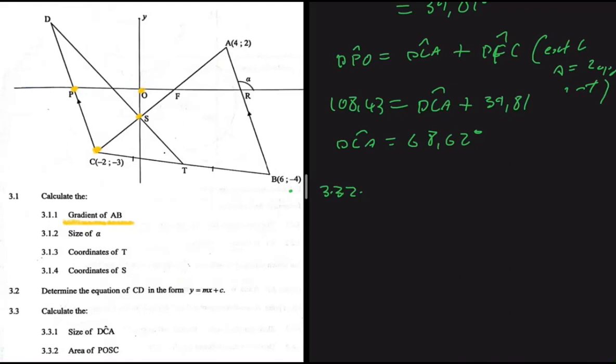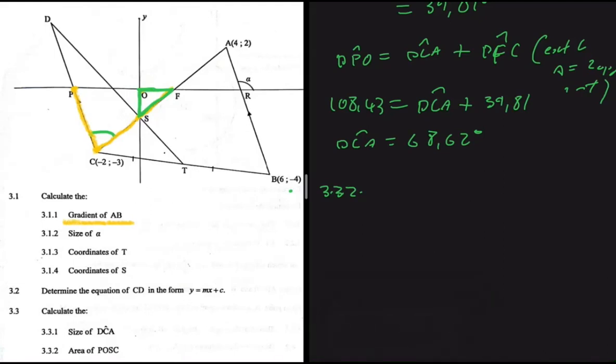Because we have this angle here and we know the size of that angle, we can use the side CF and the side CP to calculate the area of triangle PCF. After we have calculated that, we can subtract the triangle OFS, and then we're going to have the area of POSC. So let's go ahead and do that.